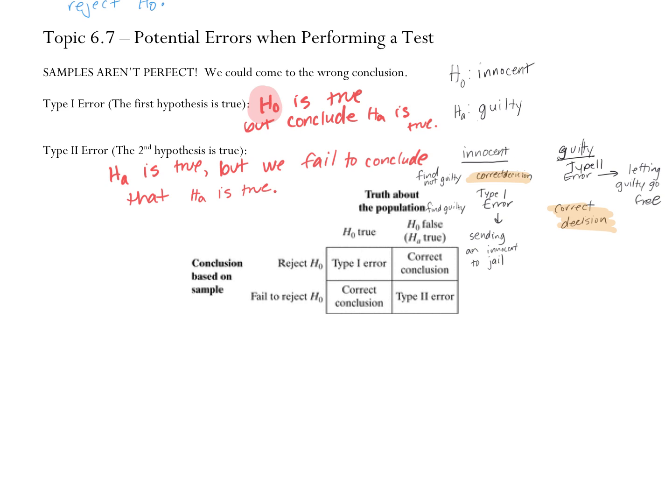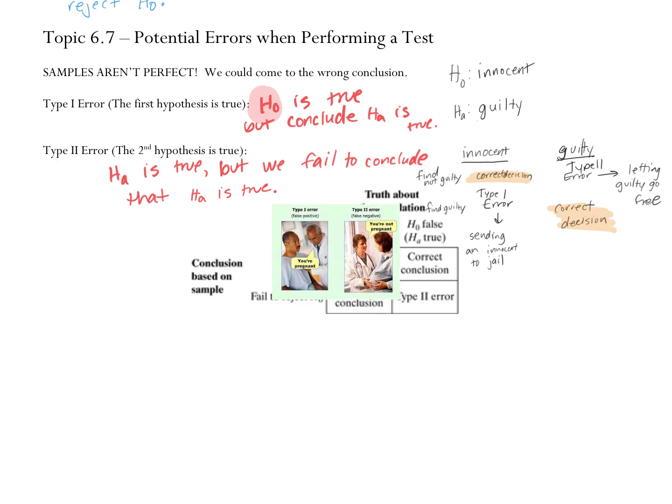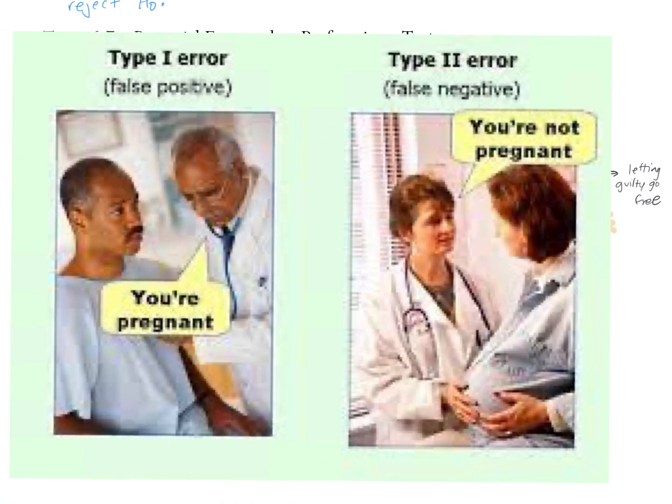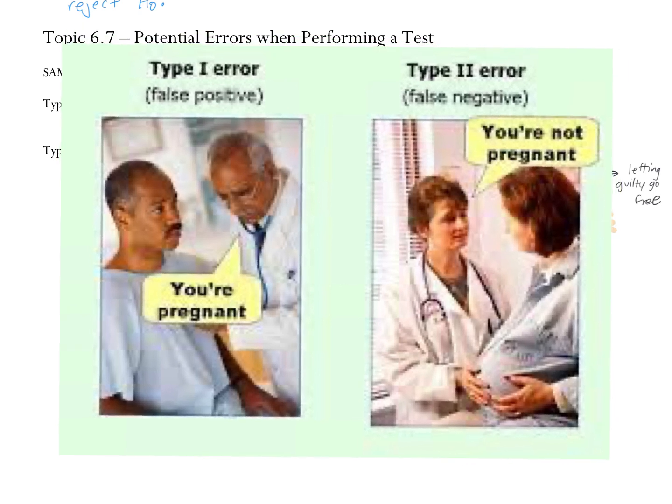All right, and just for fun, I got one quick thing to show you. Just one more visual to help you see. Type 1 error. Obviously, this person with a mustache, not pregnant, right?